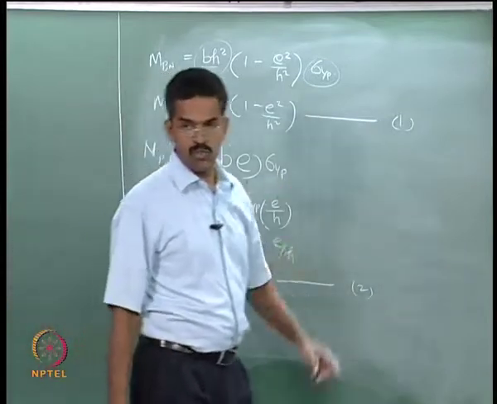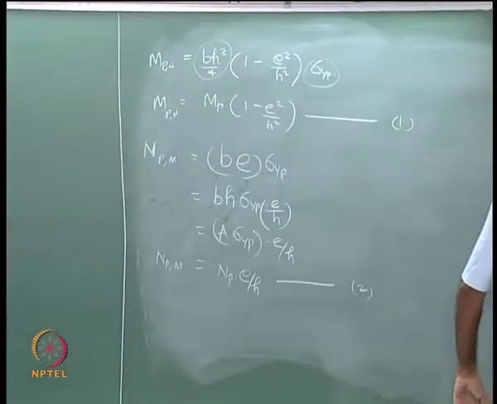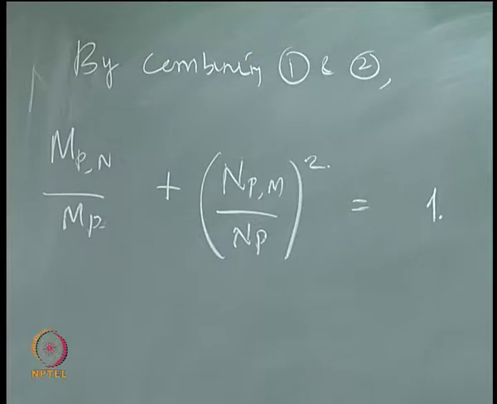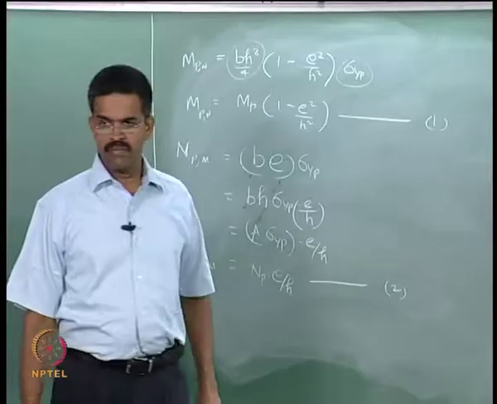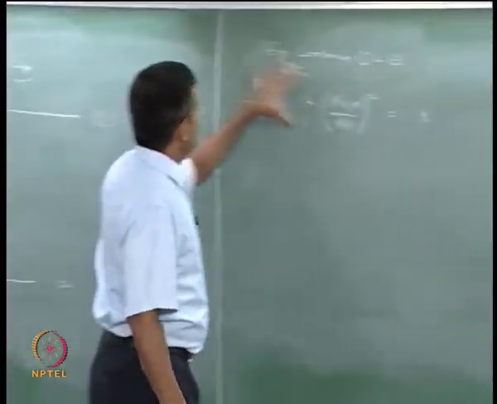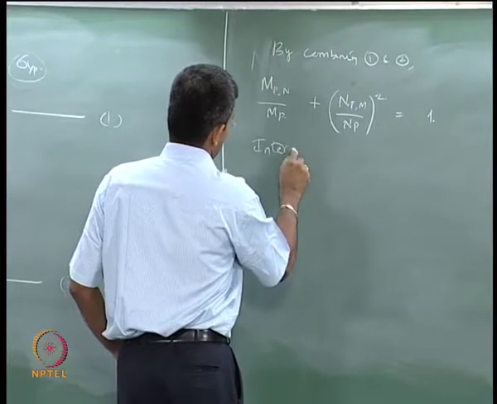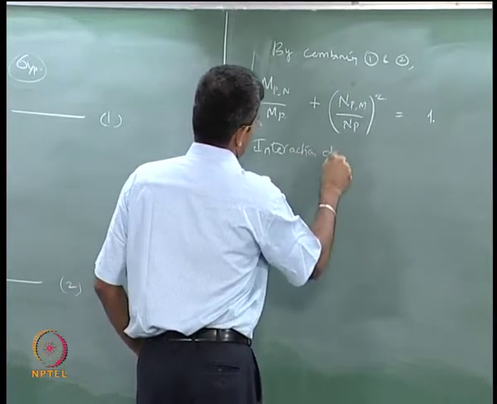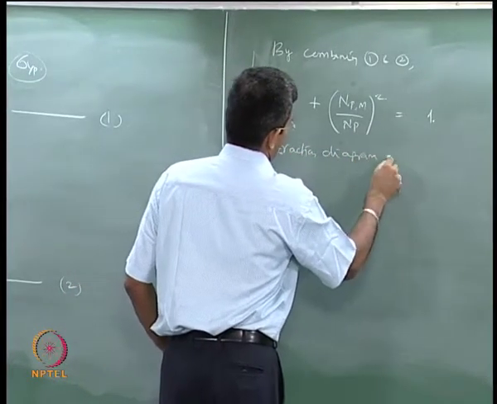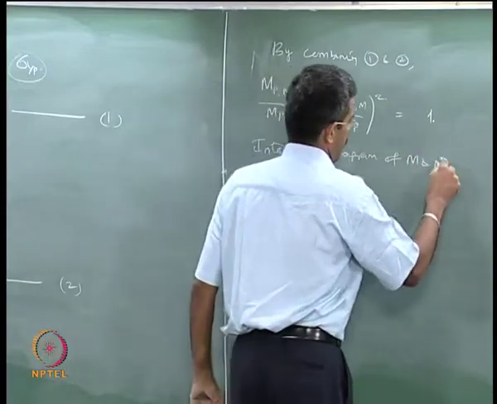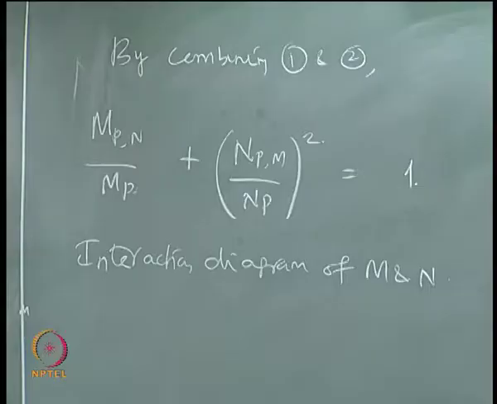When I add these two, I will get 1, is it not? Okay. This is called the PM interaction diagram. This is called axial force and bending.